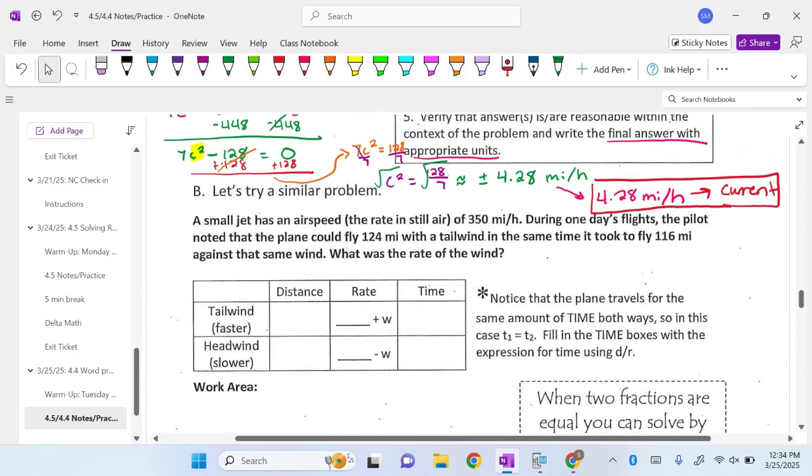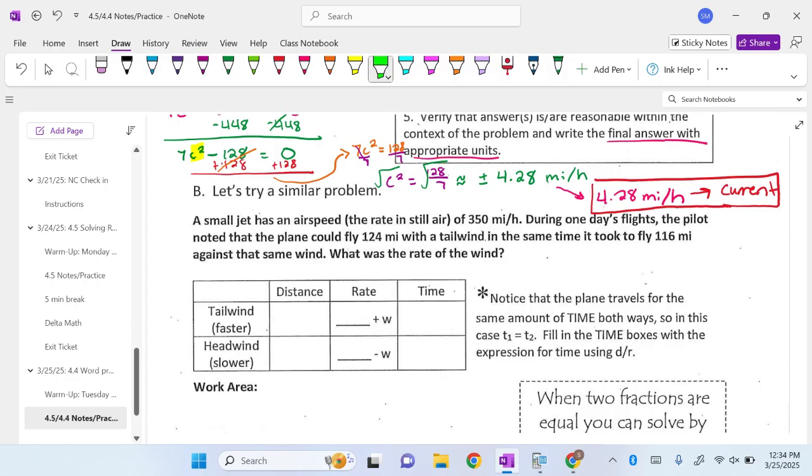All right. So I recommend that every time you do a distance problem, you just take a minute and create a quick chart so you know what you're putting where. Now we're talking about an airplane. A small jet has an airspeed, or the rate in still air, which is 350 miles per hour.